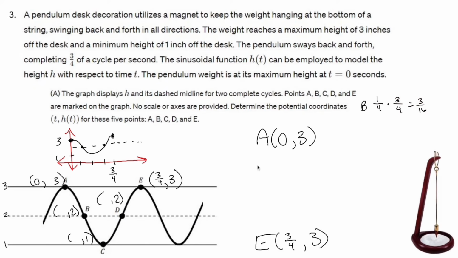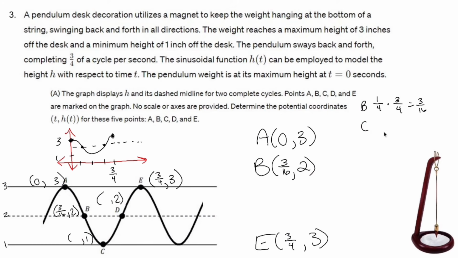So this is going to happen at the x value of 3/16 and a y value, or in our case, t and h of t, of 2. So 3/16 and 2. Now I hit the bottom literally halfway in between 0 and 3/4.